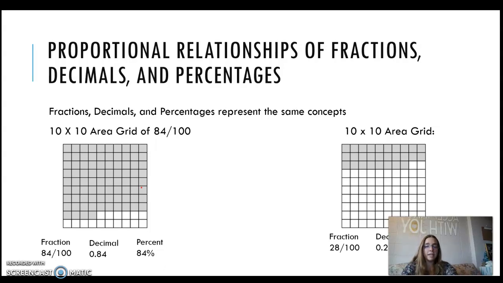Going off of that, the decimal is 0 and 84 hundredths. The connection is that you move the decimal point two places to the left to get from the percent to the decimal.